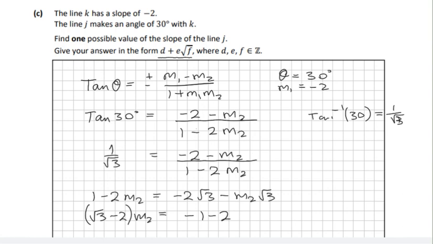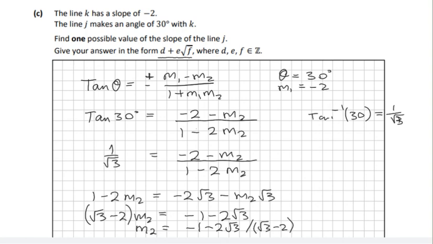minus 2 root 3. So we're using the plus at this moment. If it doesn't work out, we will do the negative, but at this present we can see it's working out because we can get a value for m2. So let's put it all together and let's divide across by the root 3 minus 2m2.